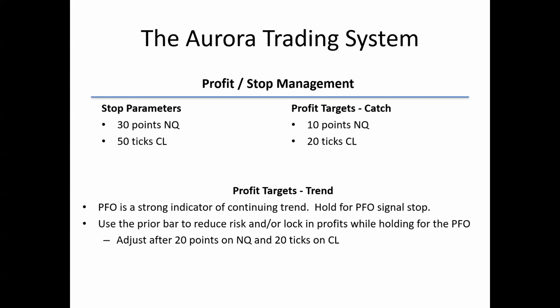So 20 points and 20 ticks is kind of our trigger that now we're getting into some momentum in terms of a trend. And so that's where we would look to pay attention to the PFO. If the PFO is still printing, but we can lock in profits or reduce our risk by using a prior 5-minute or prior 10-minute bar, then that's the method that we're going to use.